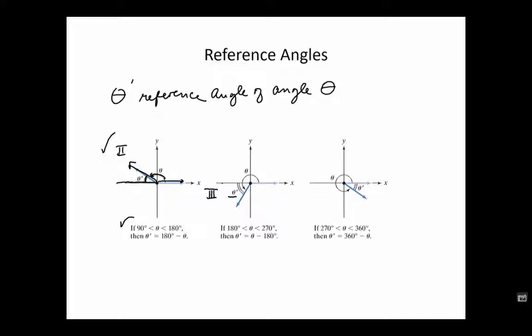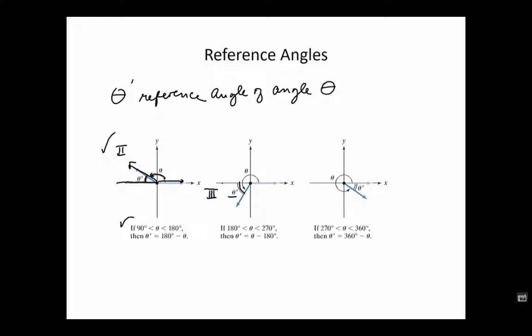The reference angle is always formed by what? The terminal side of angle theta and the x-axis. So that would be this angle here, theta prime. To get the measure of theta prime, that's going to be theta minus 180 degrees, if theta lies in the third quadrant.